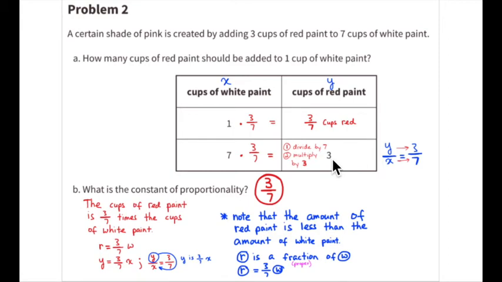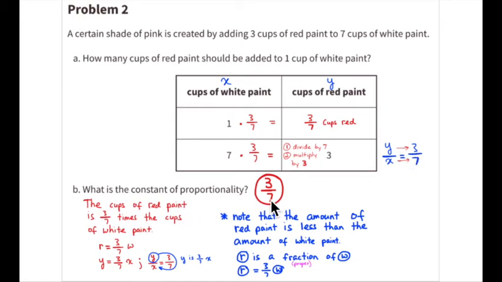So the constant of proportionality is 3 divided by 7. So it's 7 times 3/7. Remember, you want to divide by the 7 and multiply by the 3 to get 3. So y over x is this 3, x is the 7. So the constant of proportionality, which is y divided by x, is 3/7.